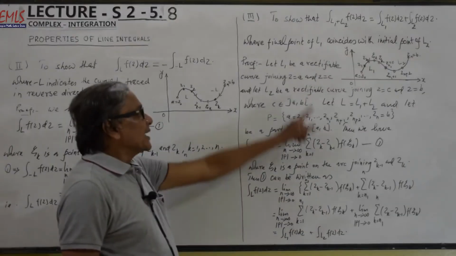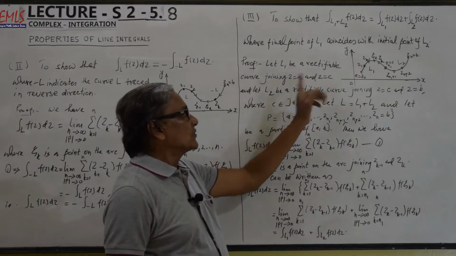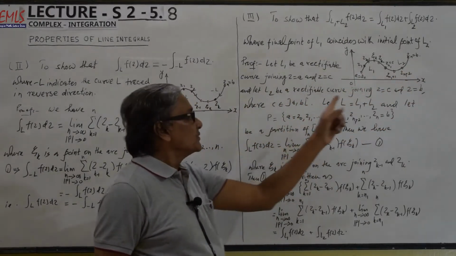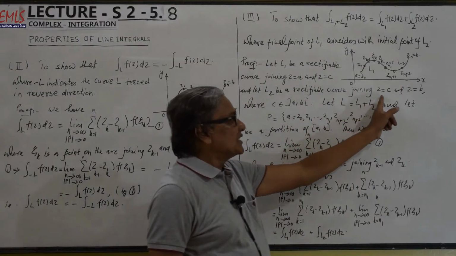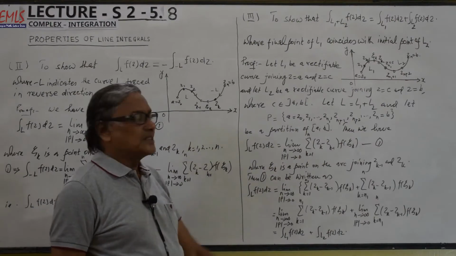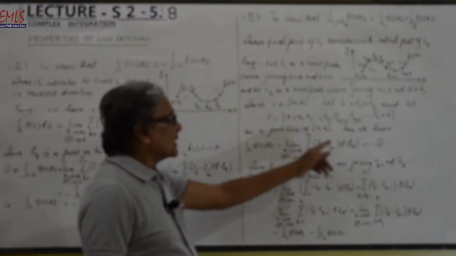Proof. Let L1 be a rectifiable curve joining z equal to A and z equal to C, and L2 be a rectifiable curve joining z equal to C and z equal to B, where C belongs to the open interval AB.